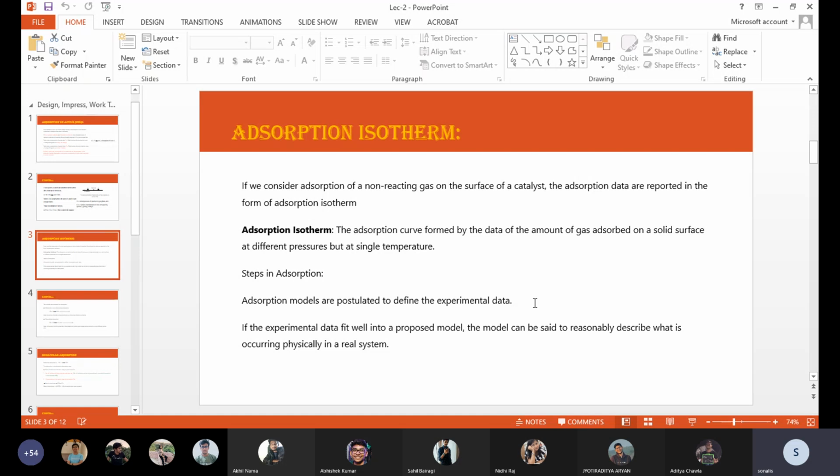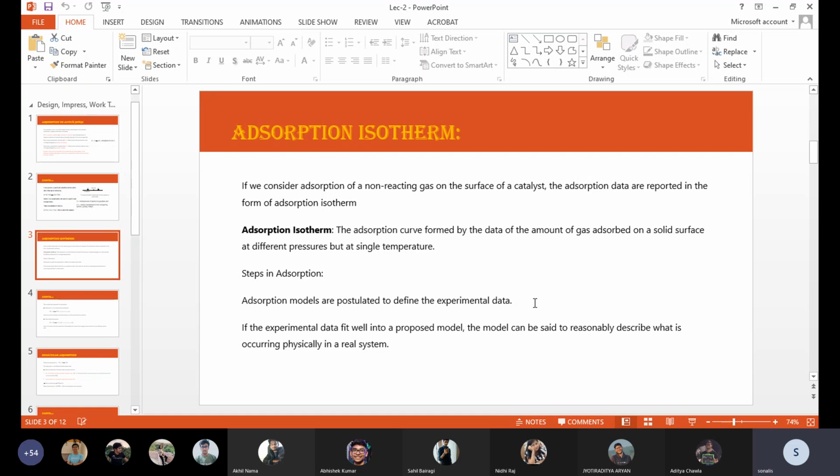Now, that equation should fit the experimental data; right-hand side and left-hand side should be equal. For that, we have to see whether that equation fits a particular gas or not. We put the experimental data into the equation, solve it, and see whether the right-hand side and left-hand side are equal.